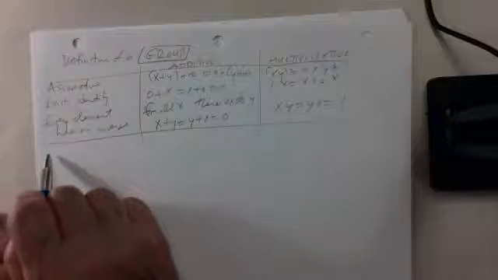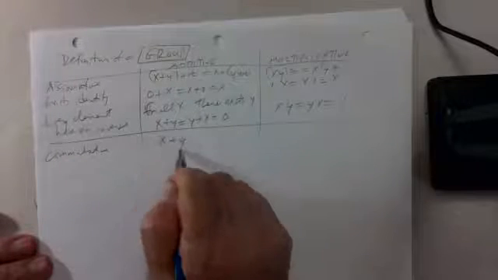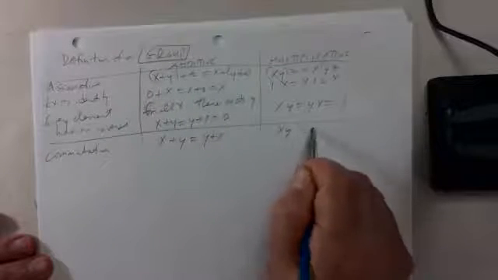Now, some groups, like the integers, have an additional property, which is commutative. So anything that satisfies these three properties is a group. The commutative property would say additively x plus y is equal to y plus x for all x and y, or xy equals yx for all x and y.